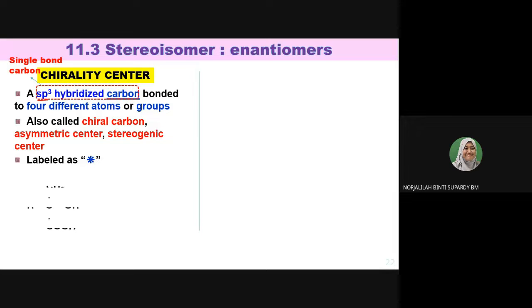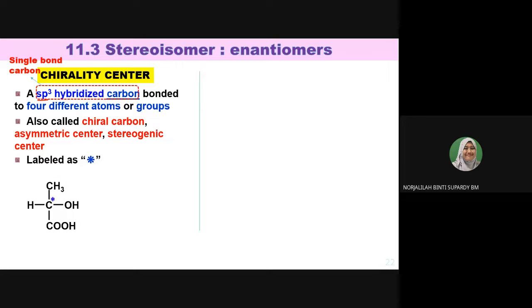So this is the 2D structure of a molecule with a chirality center. We have a carbon here. The carbon at the center is single bonded to 4 other atoms or groups of atoms.